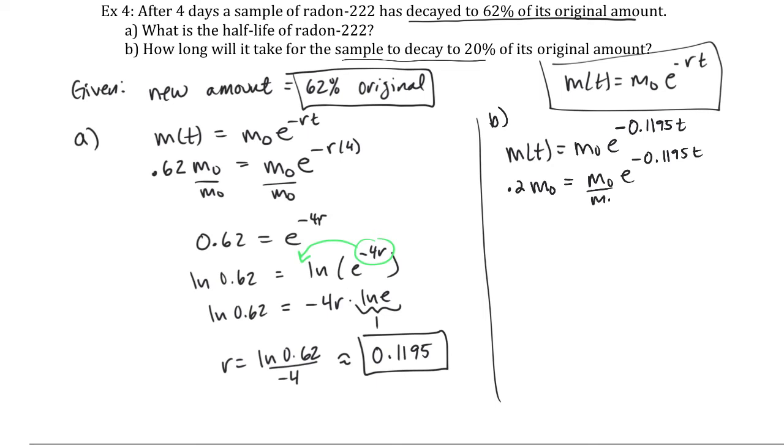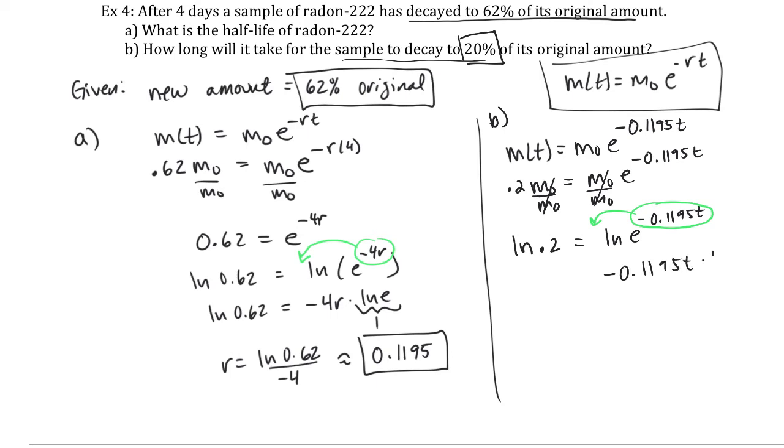And you can see here that when we just divide through, we're going to take the natural log of 0.2. And that's going to be equal to natural log of e to the negative 0.1195 t. But remember, if you have an exponent inside the argument, it's going to come out and be our coefficient times ln of e, but that's just 1.